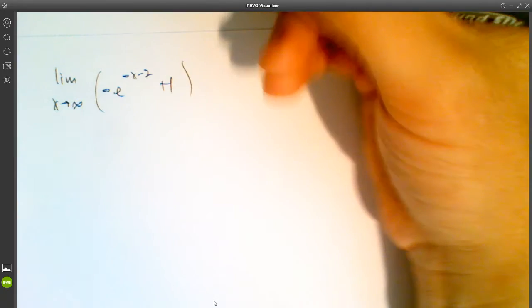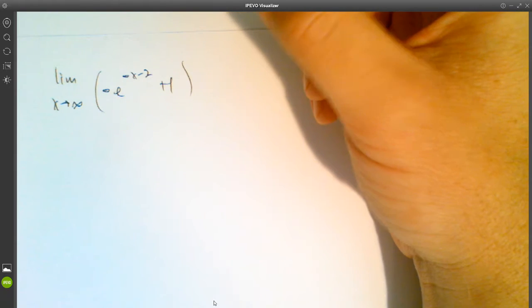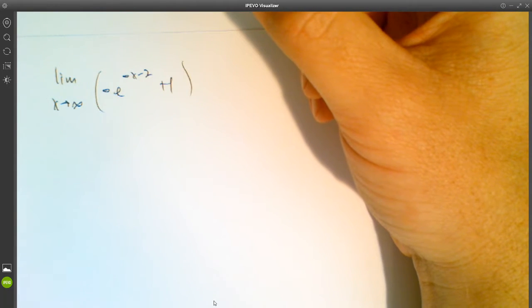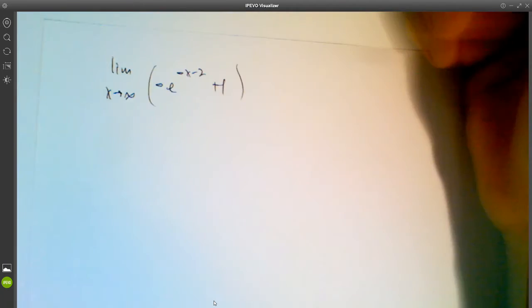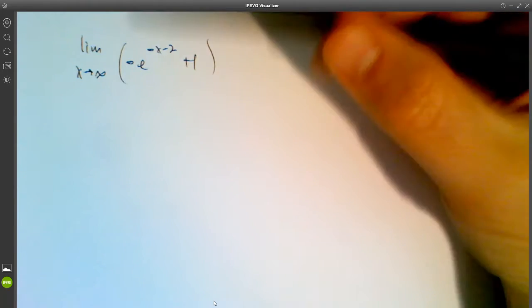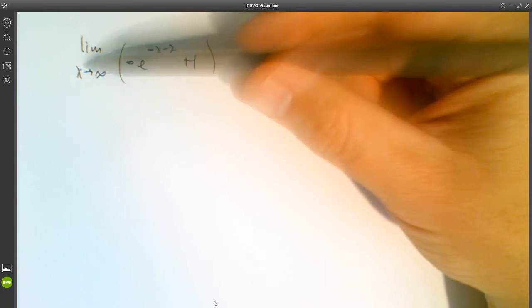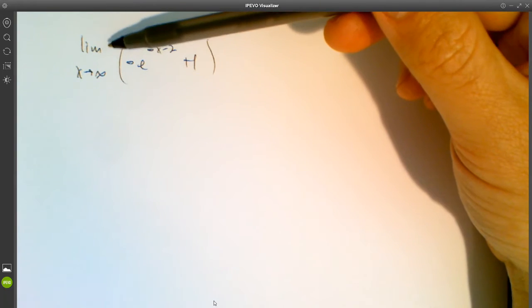My answer is, if you were to take a look at the graph of the function, it would be very obvious what the limit is. One way to find this limit would be to graph the function and see what's going on. Another thing you could do is plug in bigger and bigger values for x and see what's happening. And that one is kind of easy to imagine.